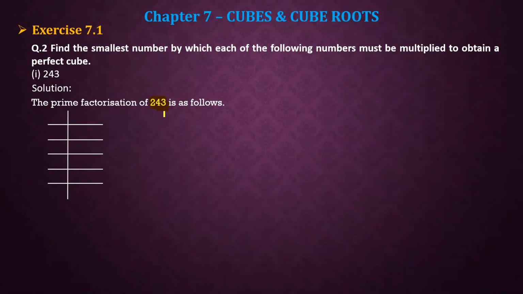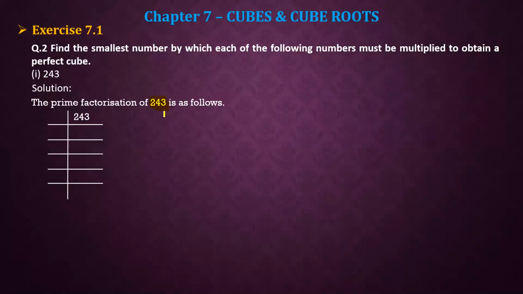So for that purpose we are going to divide 243 by prime factors. And we know that if the given number is an even number, then we divide it by 2, and if the given number is an odd number, then we divide it by 3.